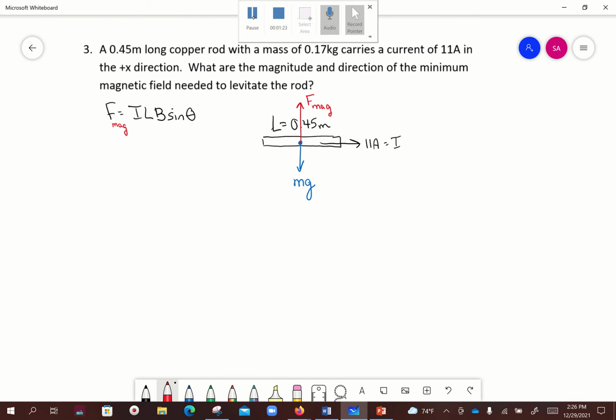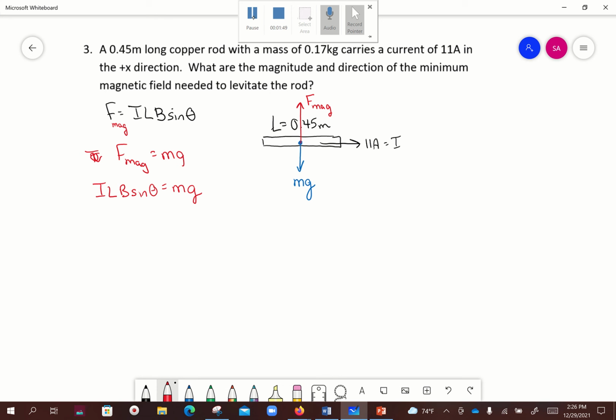If it's going to levitate, we need to balance the magnetic force and the weight so that they're equal and opposite. So what I want is ILB sine theta equal to mg.